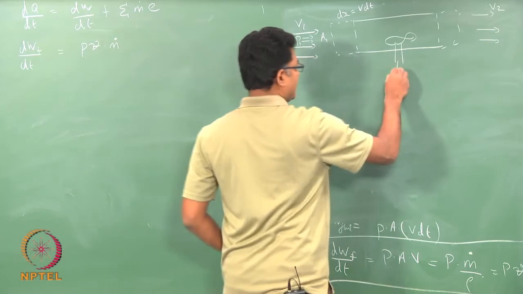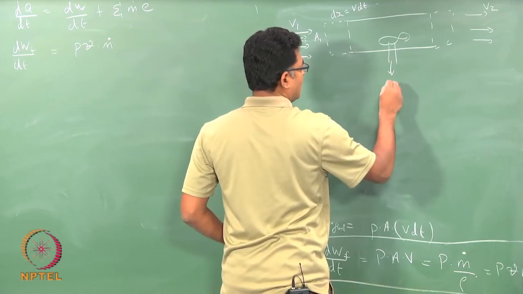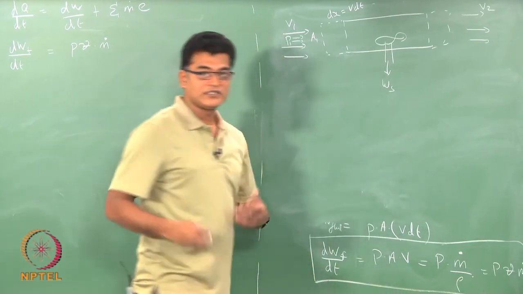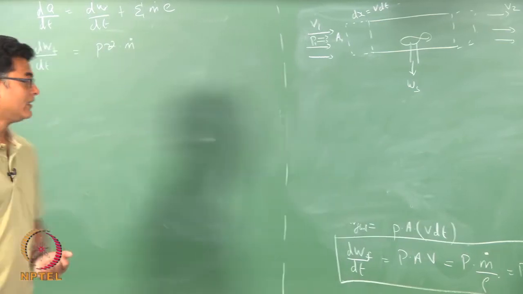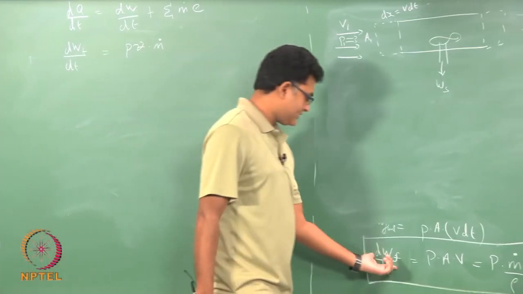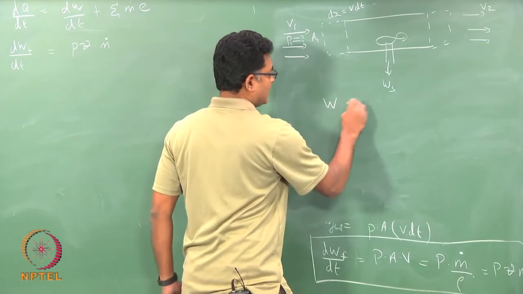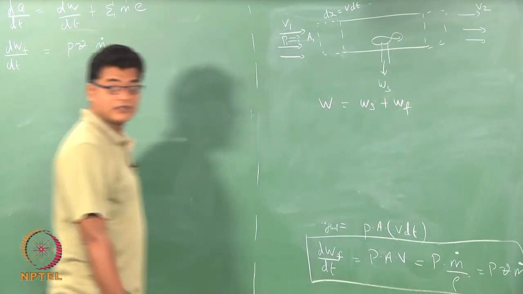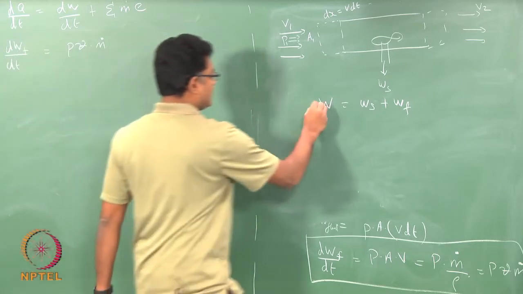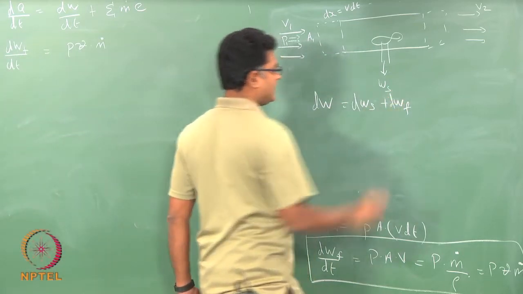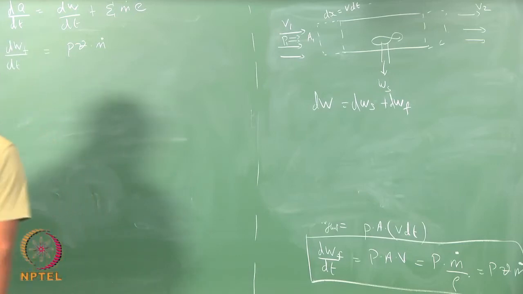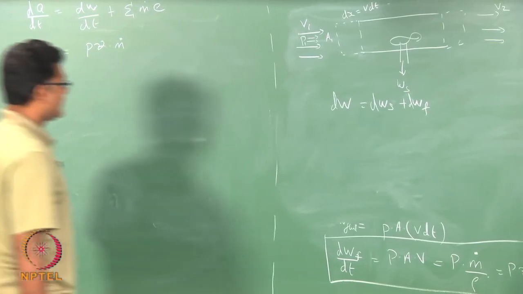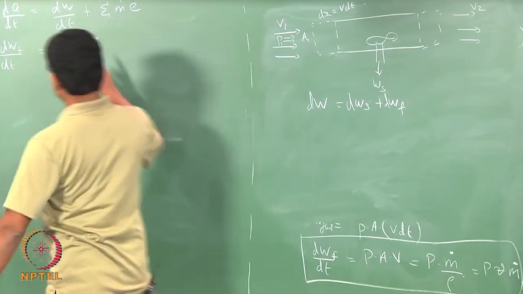That is typically denoted as work done by the shaft, or the shaft work. So, my total work done is work done by the shaft plus work done by the fluid. I substitute that here.